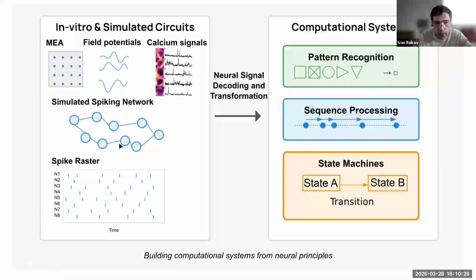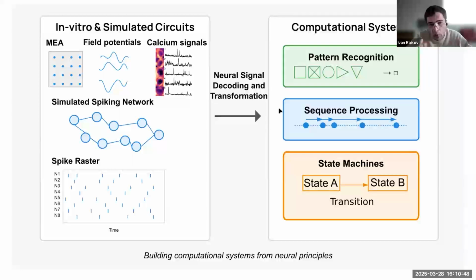As in the simulation, we have access to individual neurons and components of the system that we wouldn't have experimental access to. In terms of thinking about computational systems, we know that neurons can perform some forms of pattern recognition. Networks of neurons can process sequences and can recognize and generate sequences.